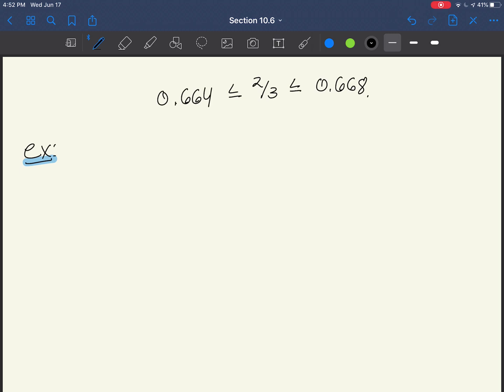One more example. It doesn't use the error estimates, but I decided to throw this in because this is a very common series that we need to be able to talk about.